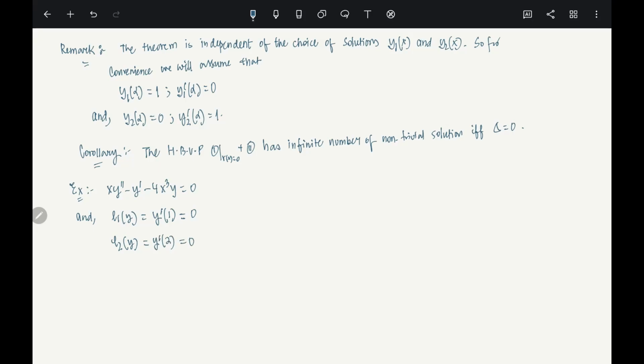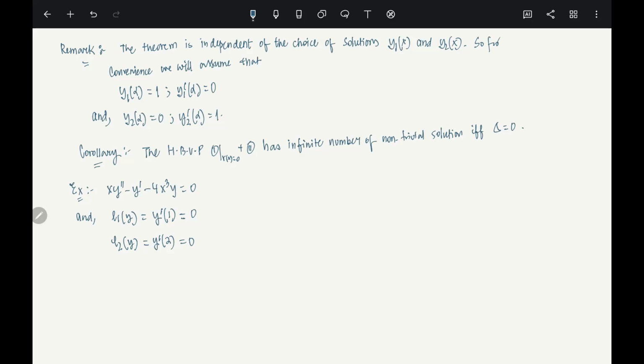Is this okay? Now we want to find out if this problem has a trivial solution, infinitely many solutions, or no solution, that sort of question.